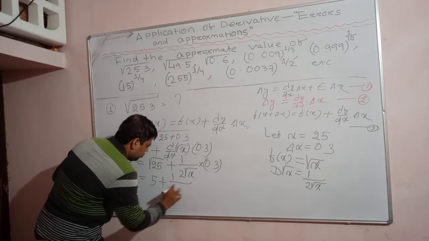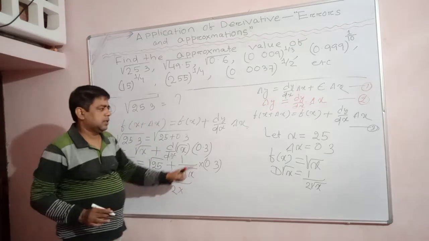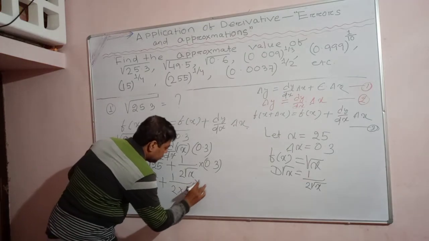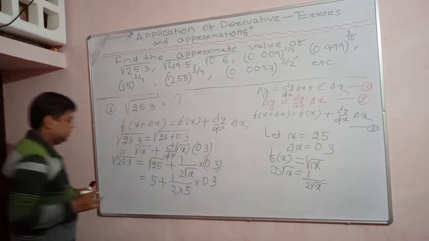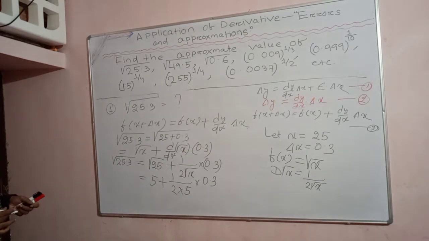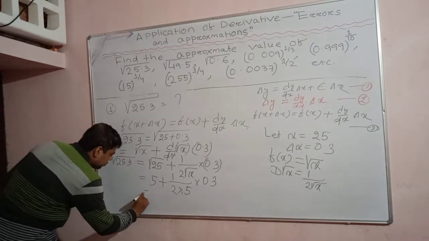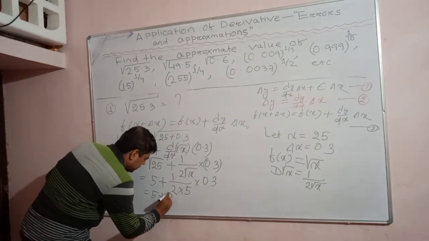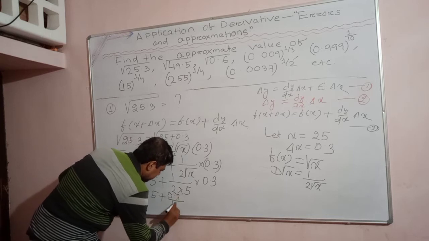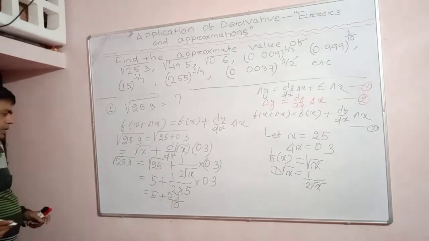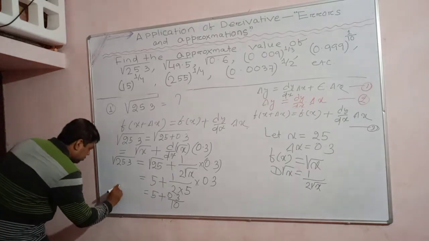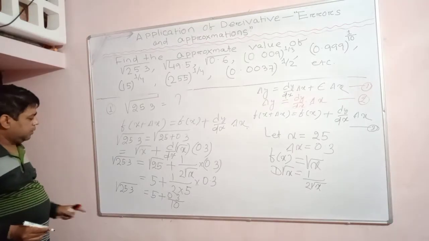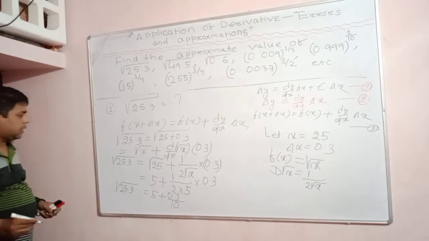The value of x is 25, so I can write 5 plus 1 by 2 into 5 into 0.3. Hence the square root of 25.3 is equal to 5 plus 0.3 divided by 10. Okay.